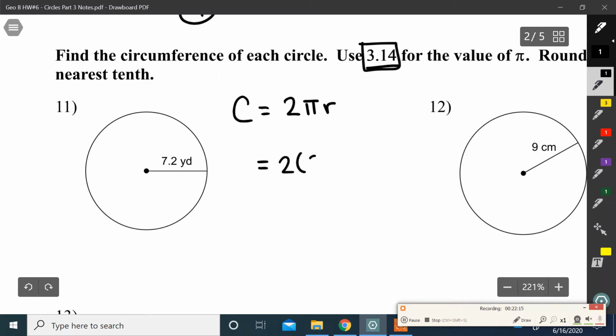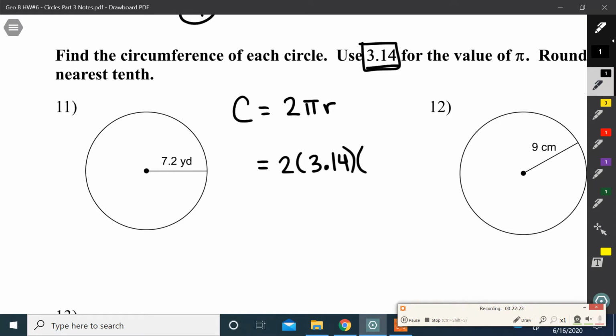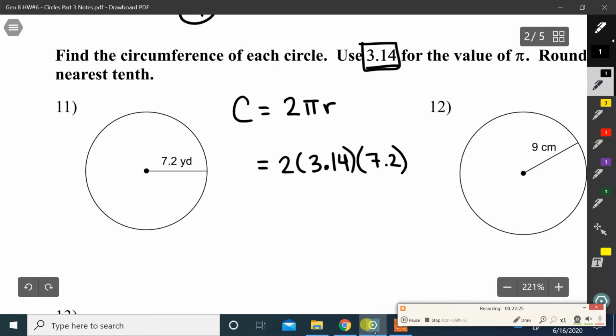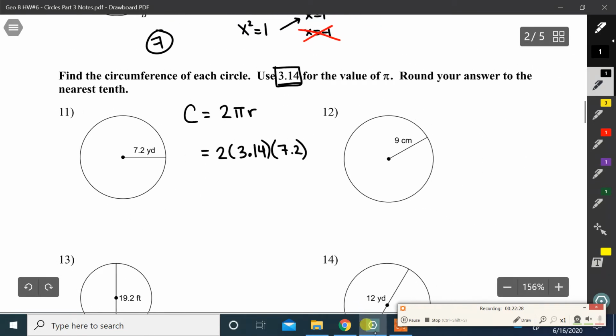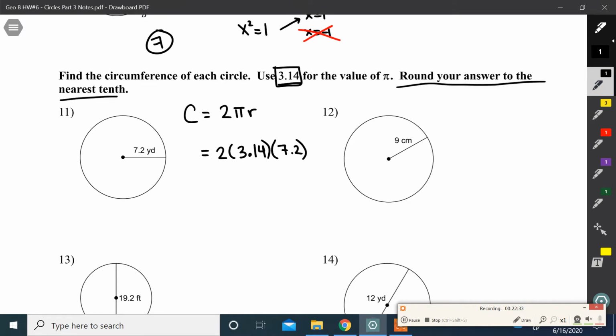So instead of pi, we're going to write 3.14. And then for the radius, we are going to use 7.2. It does say to round your answer to the nearest tenth, so we need to do that as well. Okay, so we're going to use our calculator and we're going to be multiplying just a little bit. So 2 times 3.14 times 7.2. Here's what I get on my calculator.